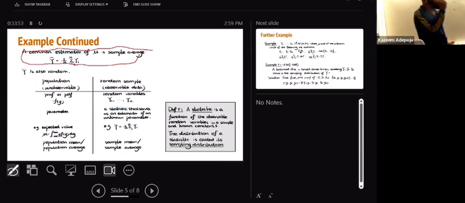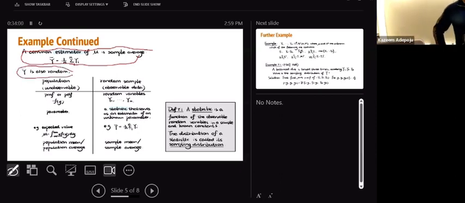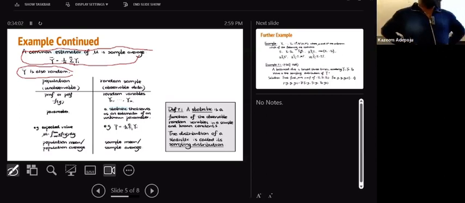But take a look at this. The Y bar is random. Why is it random?